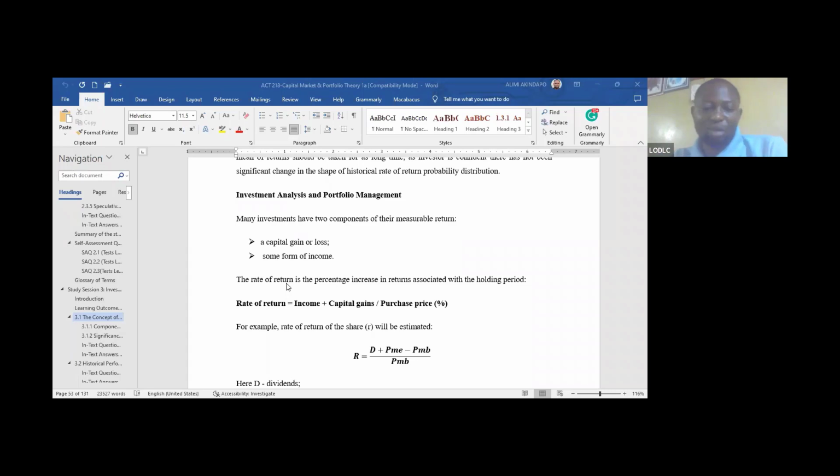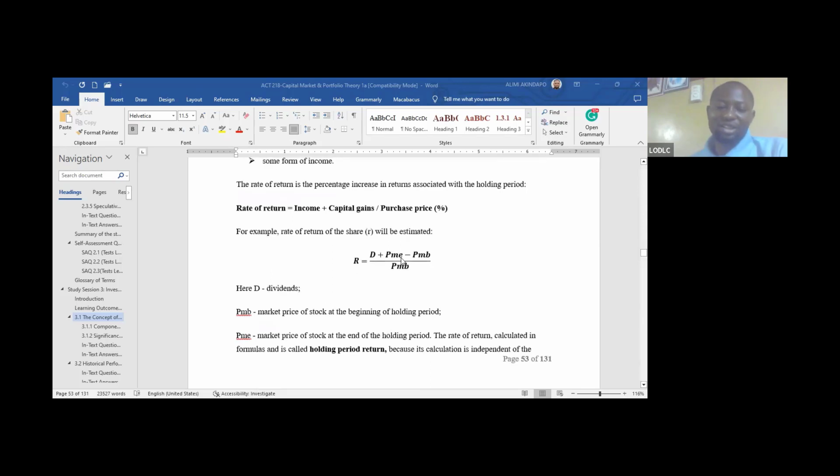So our rate of return will now be income plus capital gain over purchase price. All should be in what? In percentage. So the rate of return of the share will be estimated as our dividends plus market price of stock at the end of the period, minus the market price of stock at the beginning of the period, divided by market price of the stock at the beginning of the period. So that's how to calculate our what? Our rate of return.